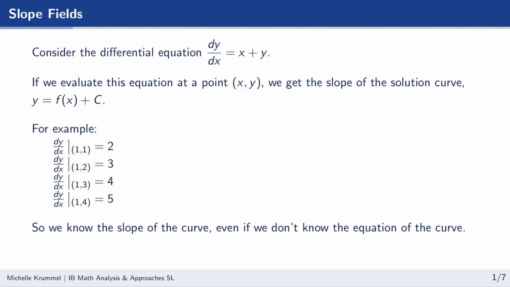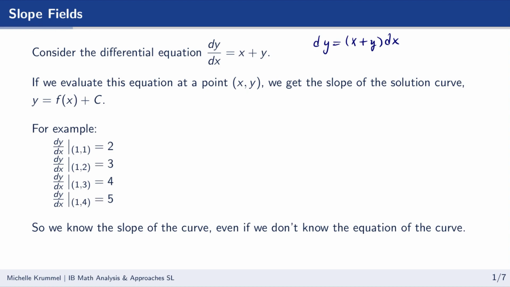It's a differential equation, dy/dx equals x plus y, and in this example we are unable to separate the variables. We could try and multiply both sides by dx, but then we would get dy equals (x plus y) dx, and we're unable to move that y over to the left-hand side.